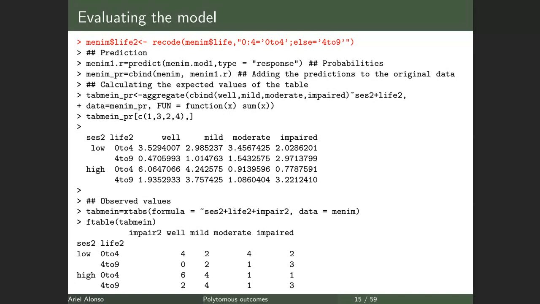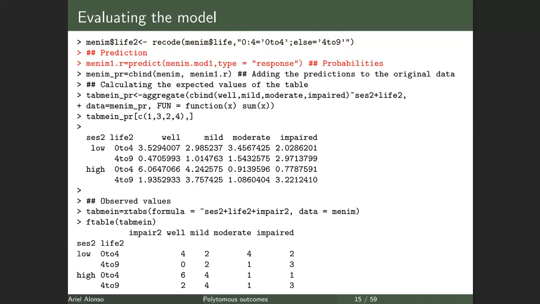We considered 2 categories to see if we can have repeated measurements now. So we considered between 0 and 4 life events, and between 4 and 9 life events. So what we're trying to do here is to categorize life events to be able to have repeated measurements.